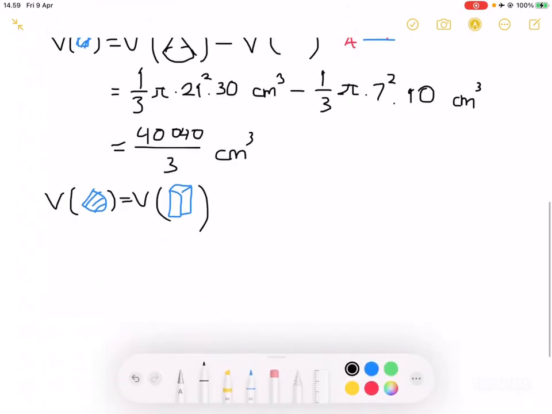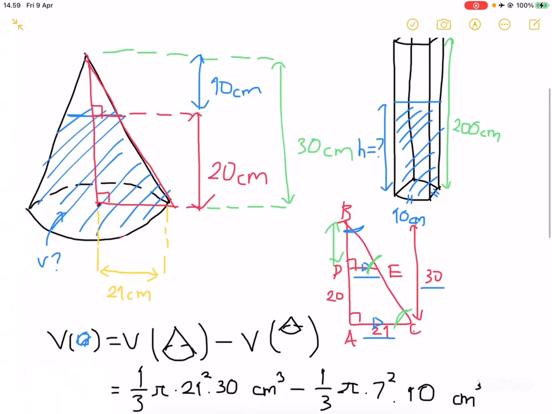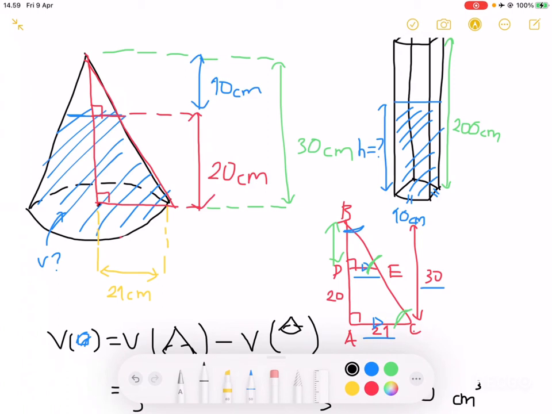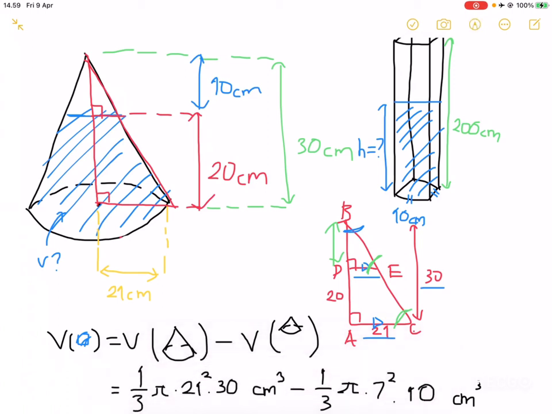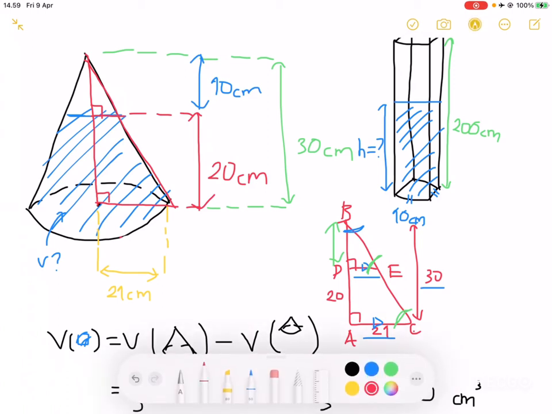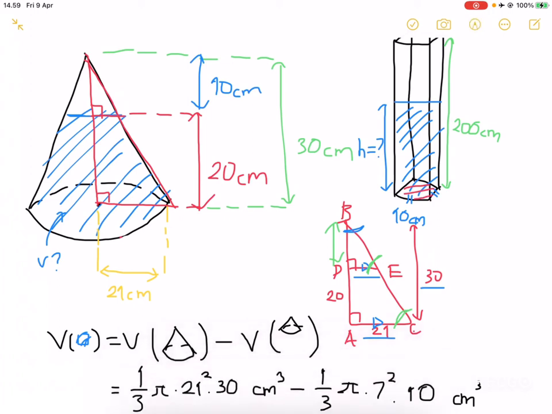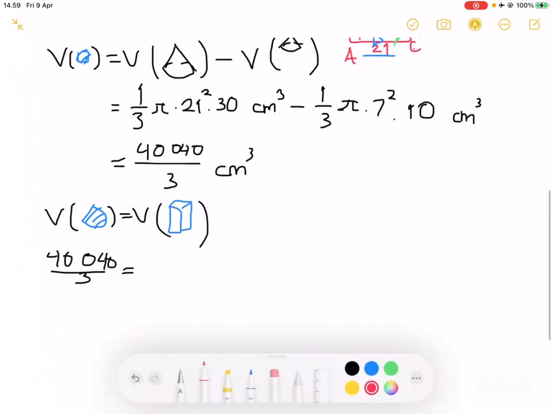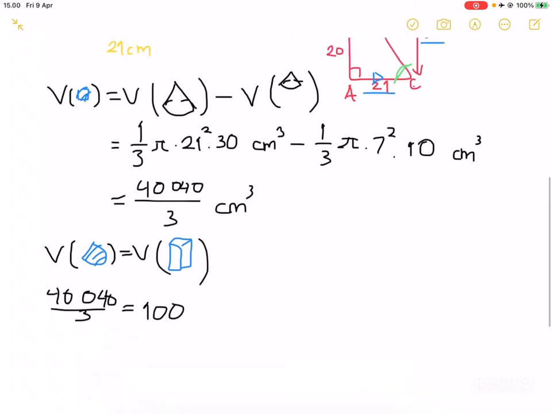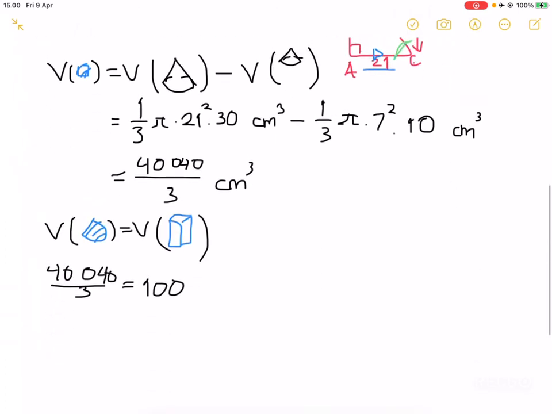So that means 40,040 over 3 is equal to the volume of the water in the tank, which actually forms a cuboid, which has base area of 10 centimeters times 10 centimeters, which will be 100 centimeters squared.